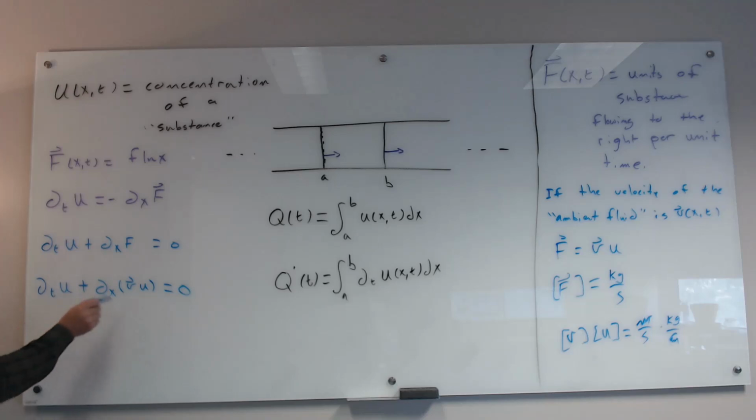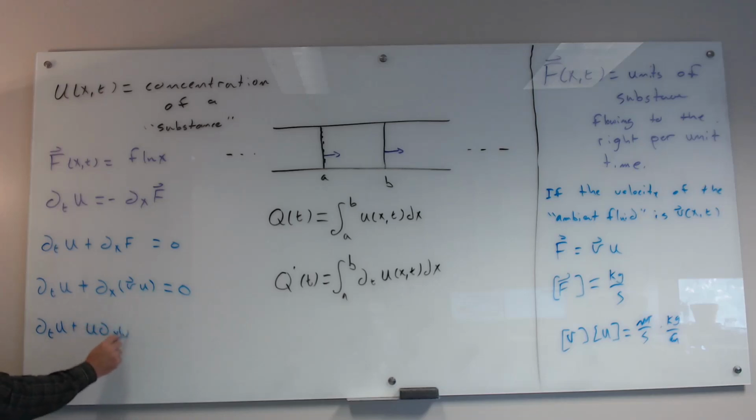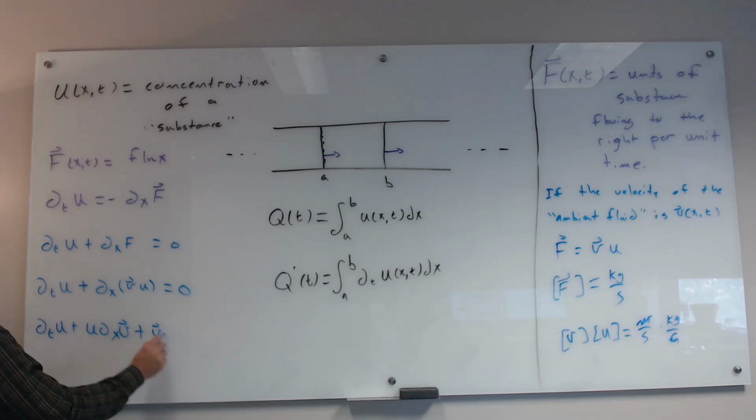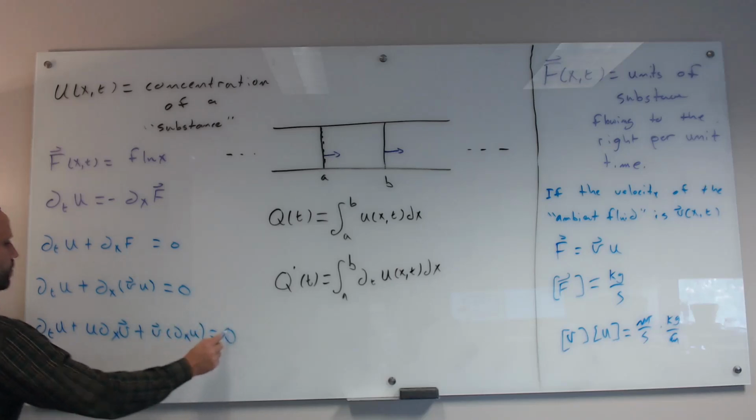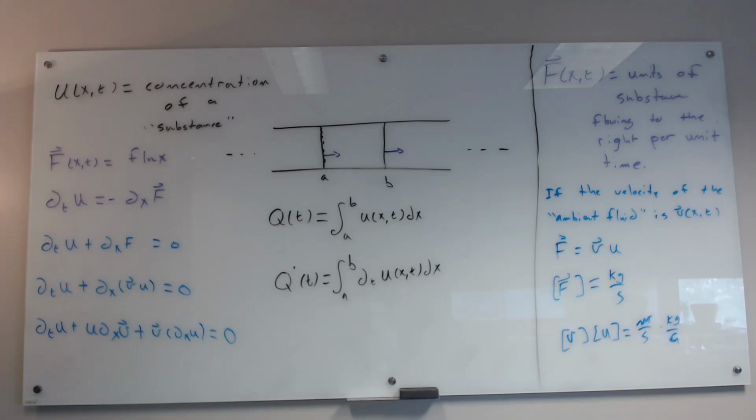So using the vector product rule, this is going to be u times the x derivative of v plus v times the x derivative of u equals 0.